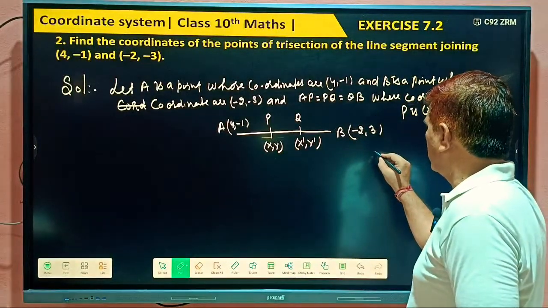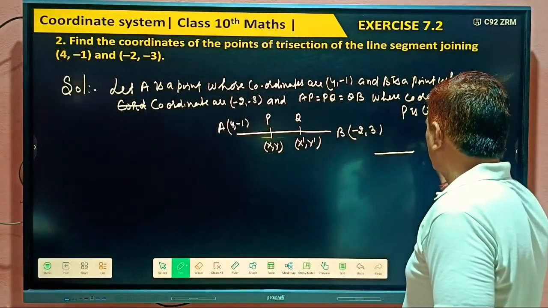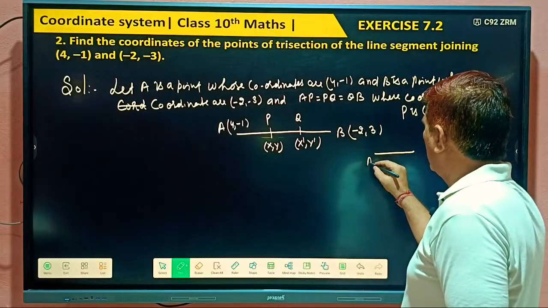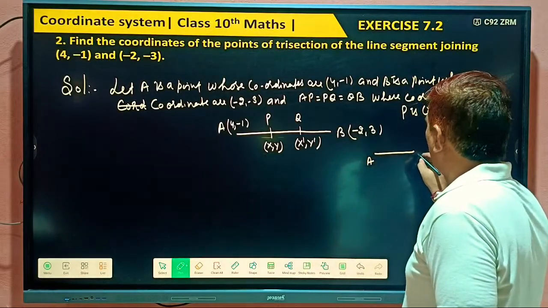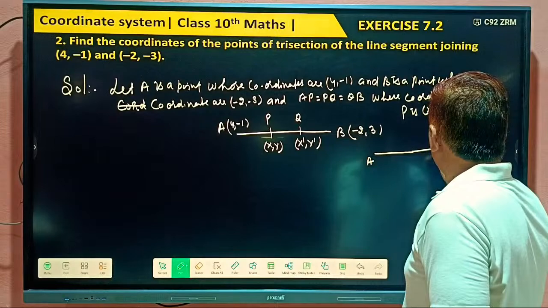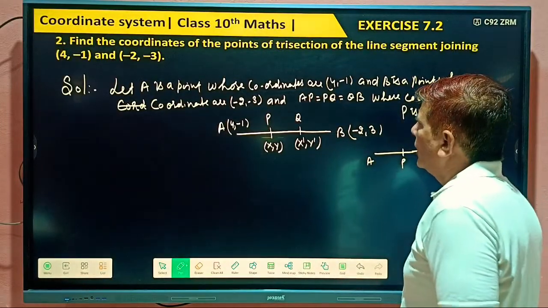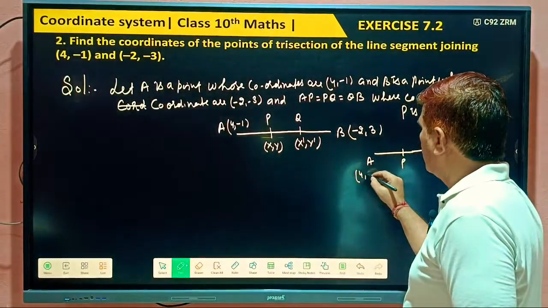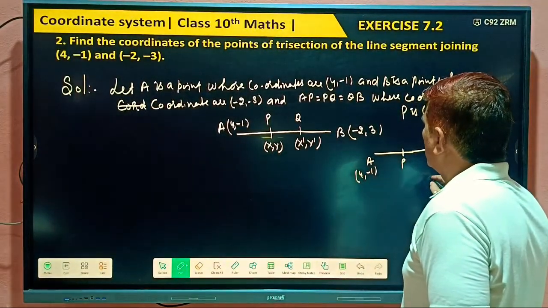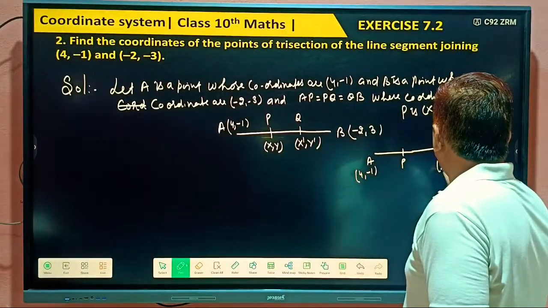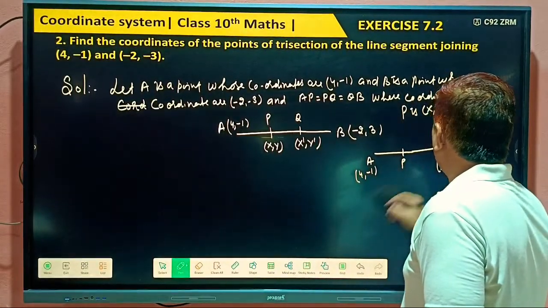So how can you find out? Like this. This is A, this is Q, and this point is P. A coordinates are 4 and -1. Q coordinates are X dash, Y dash.